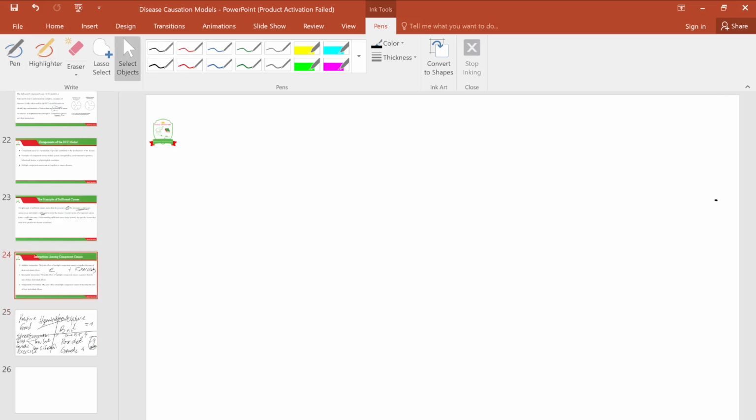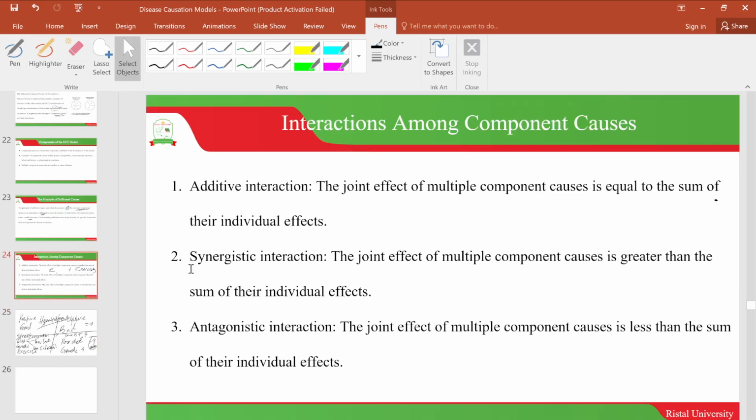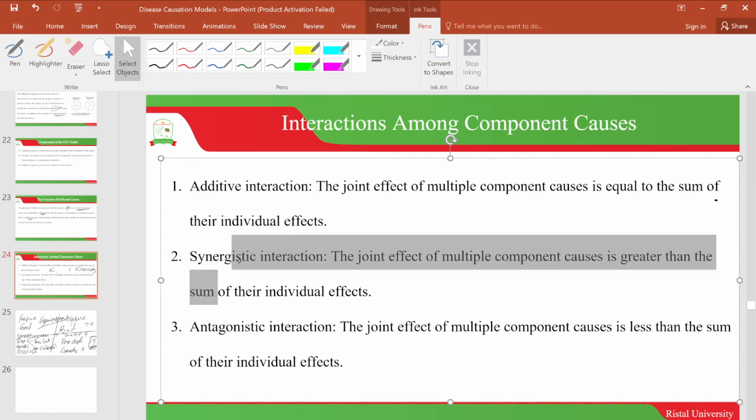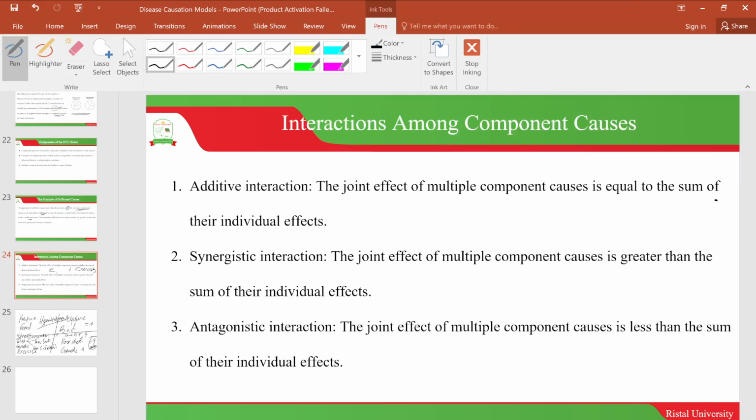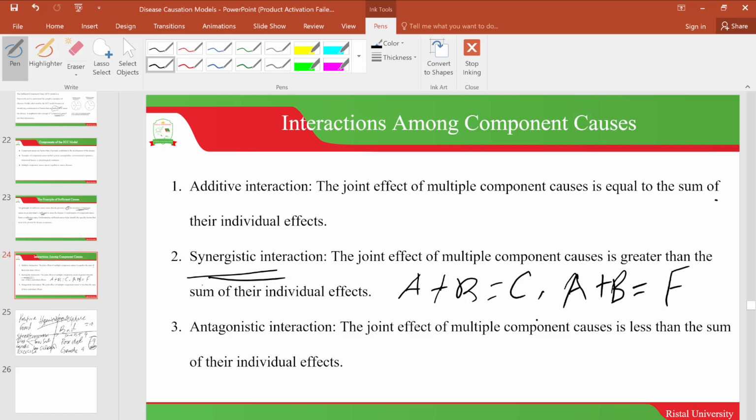And that is what you call synergistic interaction. A synergy, you have a synergy. When you combine A plus B, assuming technically you're supposed to get C, but in a synergy, if you combine A plus B, you get F, which is bigger.